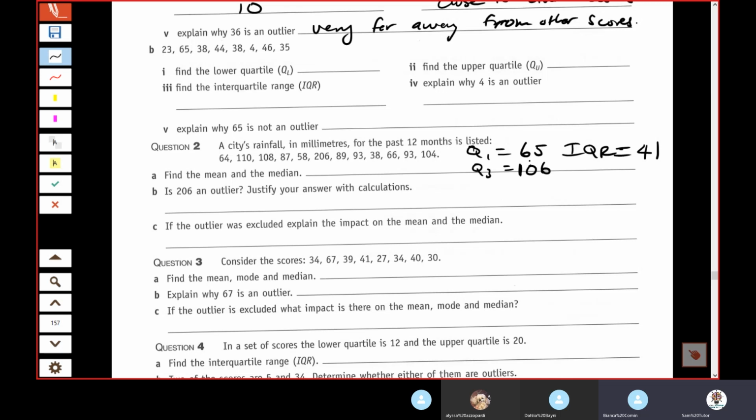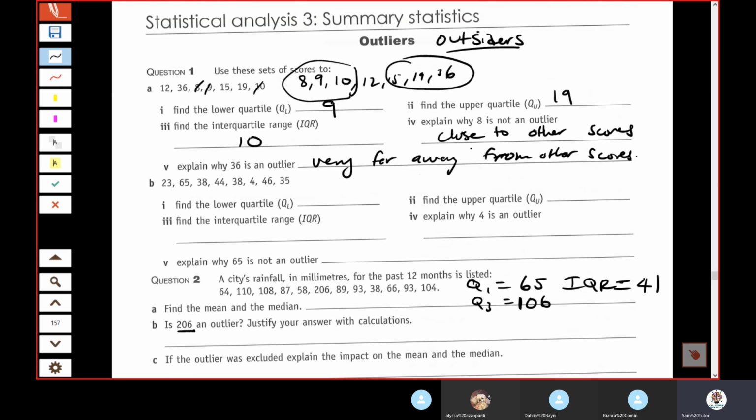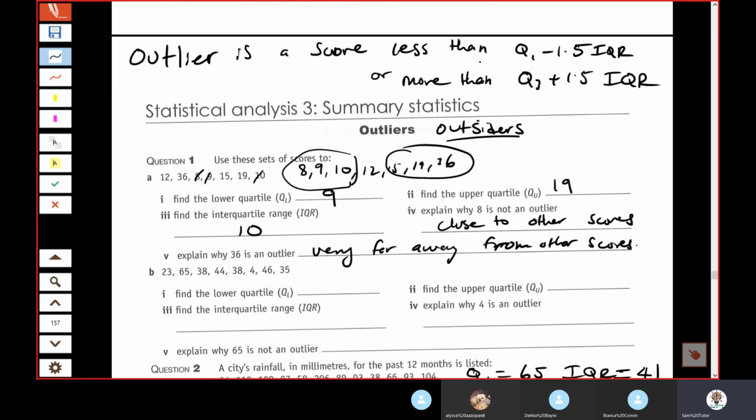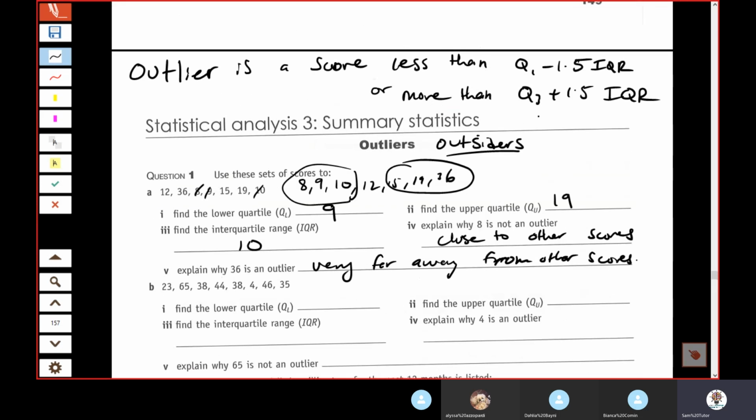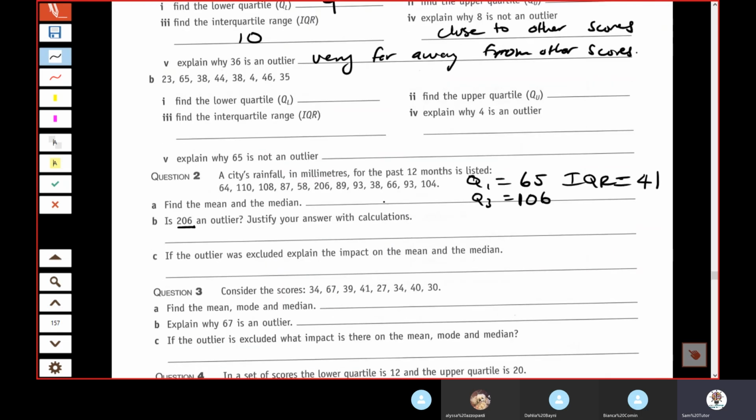Alyssa, you're able to get that as well? Yeah. All right, sweet. The question just says, is 206 an outlier? The condition was, it's only an outlier if it's less than Q1 minus 1.5 IQR, which is not for us, because we're going to use Q3. So if it's more than Q3 plus 1.5 IQR.